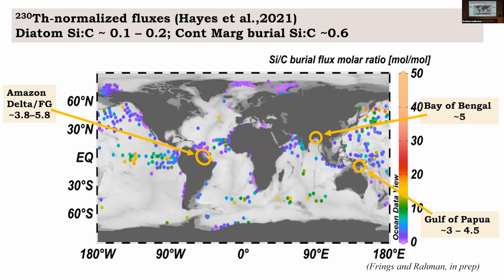But instead, in deltas, when you use these radio tracers to retrieve your BSi contents, you see that they're actually quite decoupled in deltaic systems as well. So in the Bay of Bengal, it's about 5. Gulf of Papua and the Amazon Delta, it's from 3 to 6.